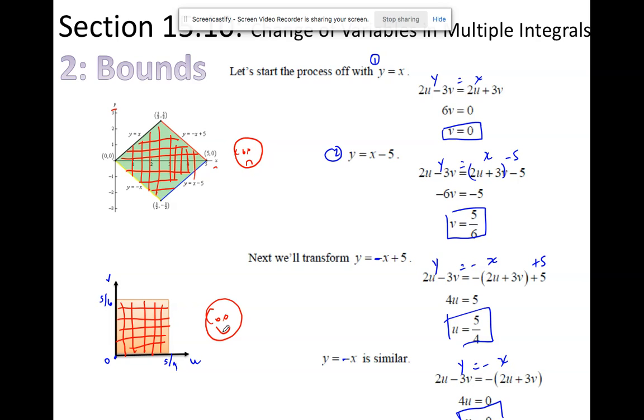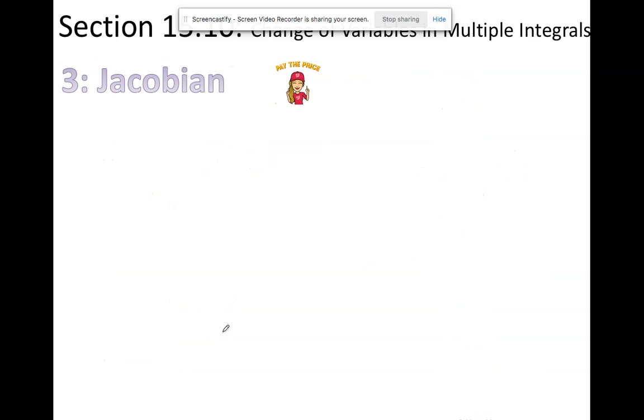So now that I have gotten my bounds, next I need to pay the price. What's my Jacobian? What's the price to pay for taking that parallelogram, right? The area of that parallelogram in the 2D space going into the square in the UV space, the price to pay of going from XY to UV is a determinant of partials.